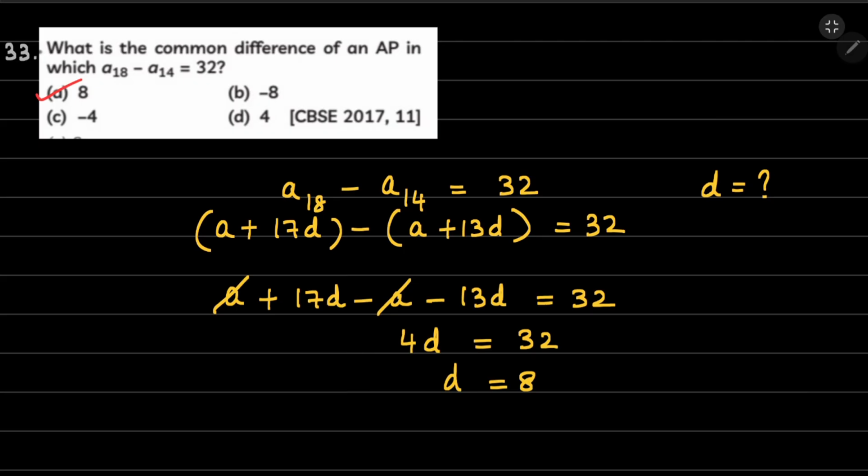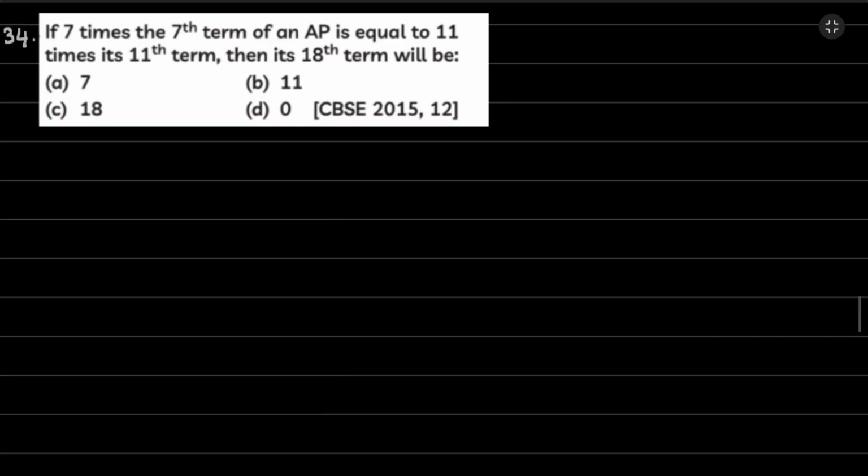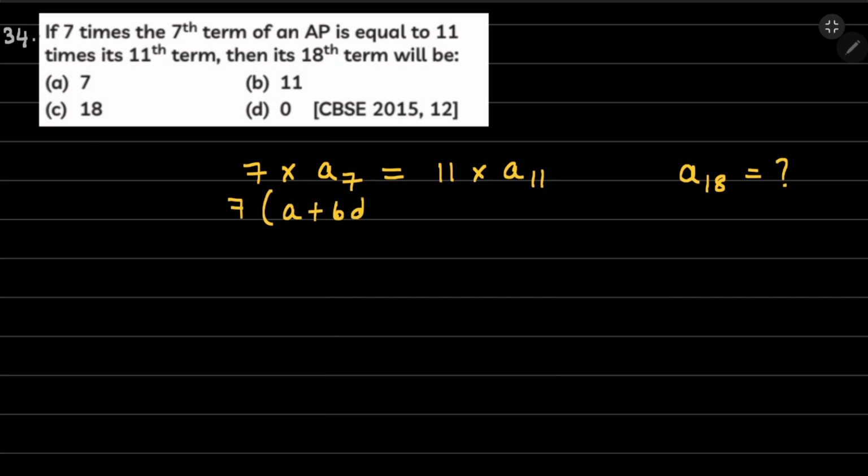Let's move on to the next question. If 7 times the 7th term of an AP, that is 7 multiplied by the 7th term, is equal to 11 times the 11th term of the AP, then what would its 18th term be? You have to find the 18th term. Let's do it. So 7 multiplied by A plus 6D is equal to 11 multiplied by A plus 10D.